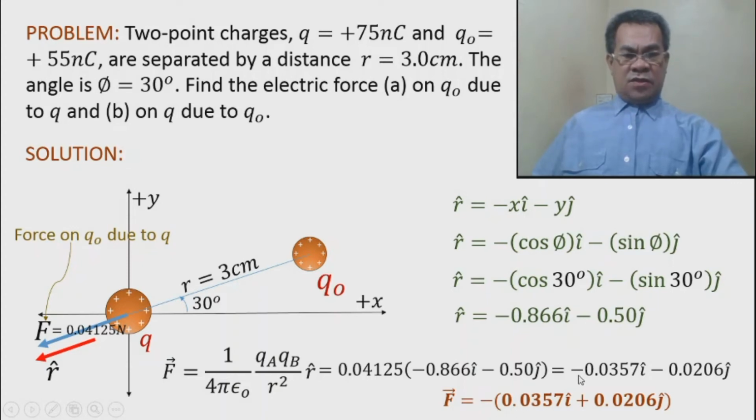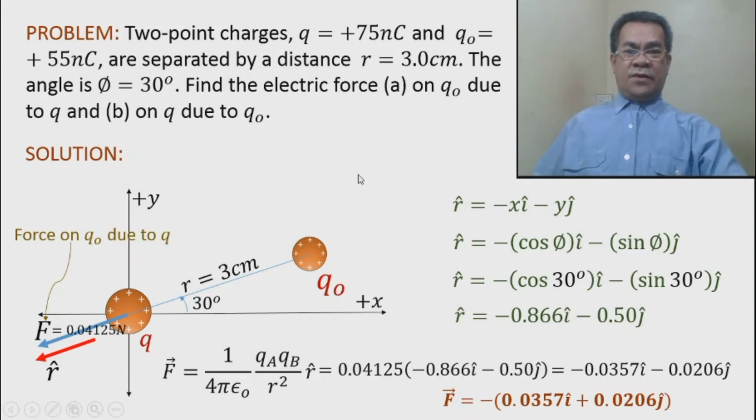In algebra, no negative in the first term, so you have to collect the negative, and we have negative 0.0357 i hat plus 0.0206 j hat. This is the force on Q due to Q naught. This answers the letter A problem.